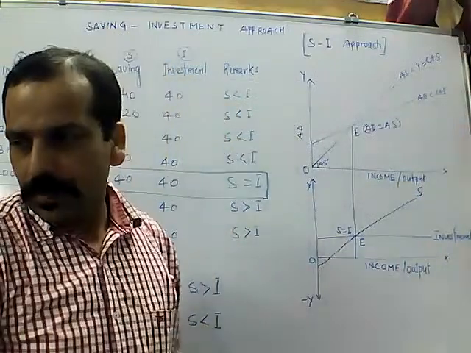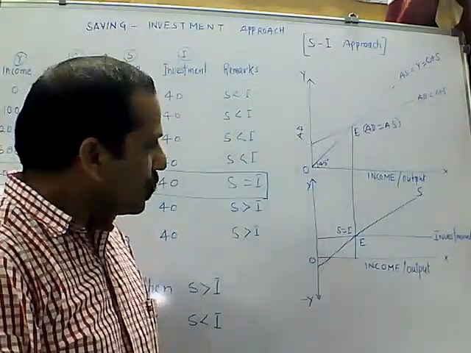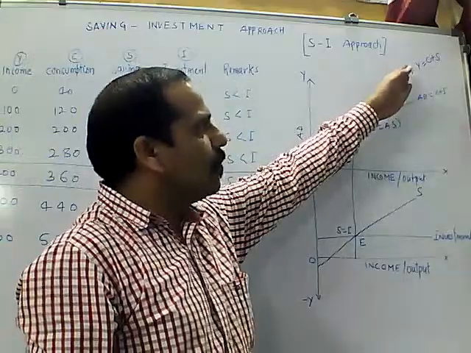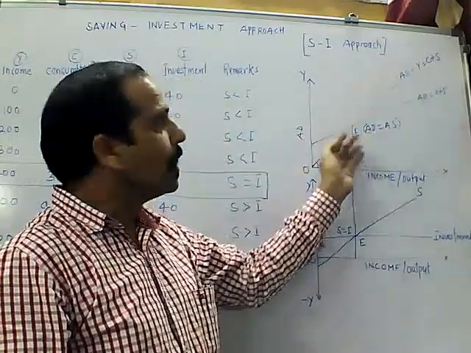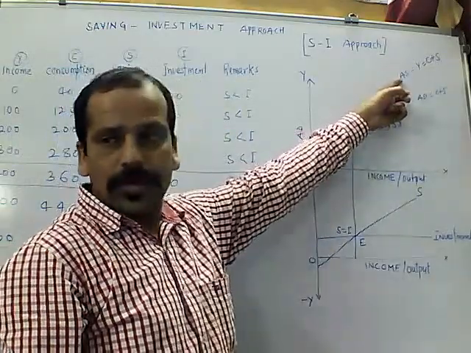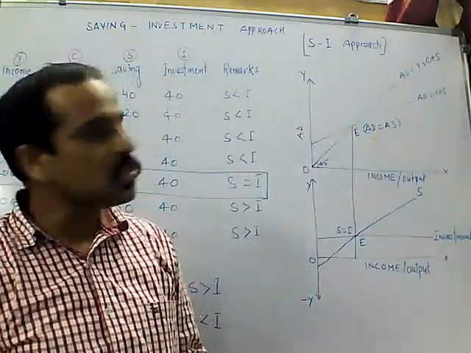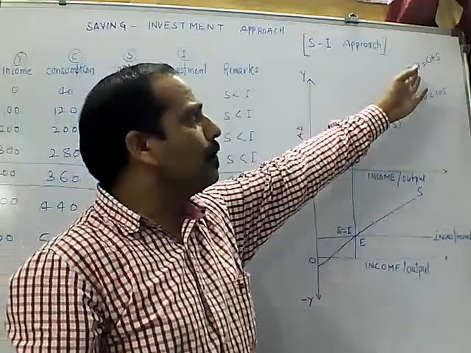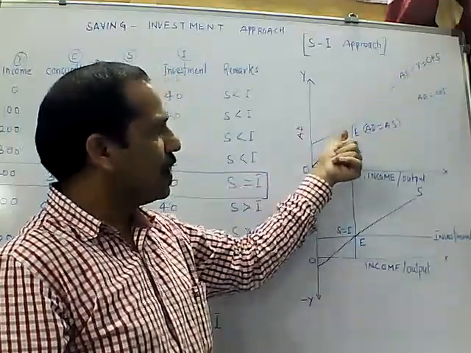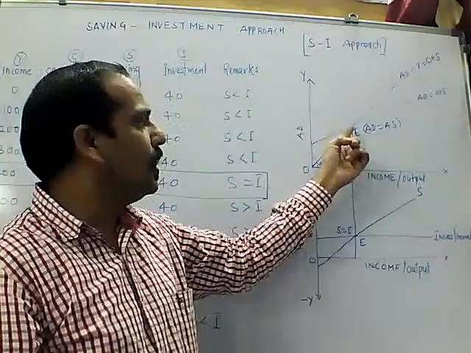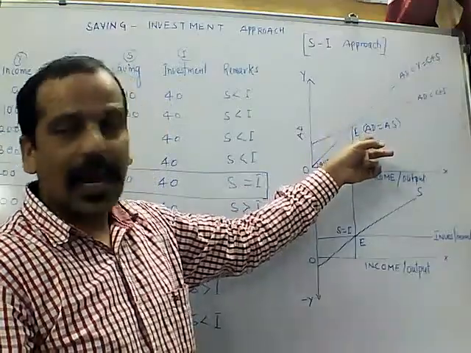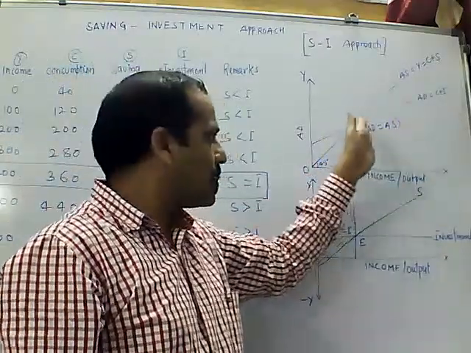AS is upward sloping. So at point E, aggregate supply, this is also called income. So AS intersects AD at point E. So I wrote here that aggregate demand is equal to aggregate supply.